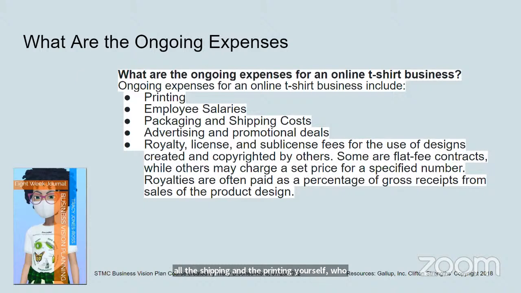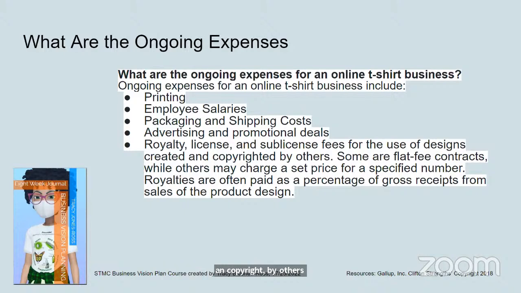What are the ongoing expenses for an online t-shirt business? Printing, employees' salaries if you have them, and don't forget your salary, don't forget to pay yourself. Packing and shipping costs, advertisement and promotion deals, royalties, and license or sub-license fees for the use of designs created and copyrighted by others.